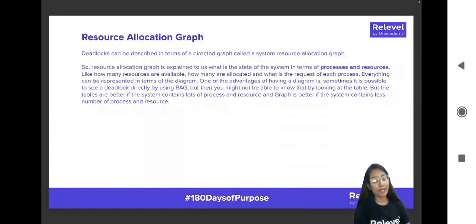You might not be able to tell sometimes when there is a deadlock, but sometimes you are able to tell directly as well. But definitely the weightage is heavier, right? And the chances are higher that if a system contains a lot of processes and resources, a graph is definitely a good way to identify whether there is going to be a deadlock or not.